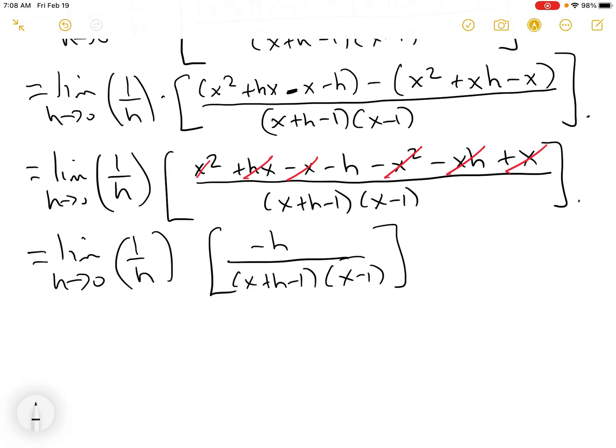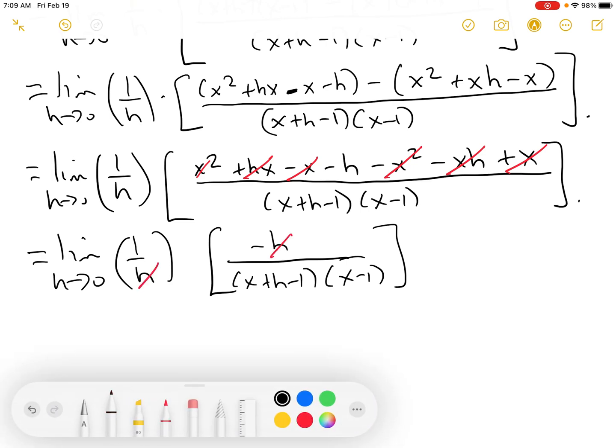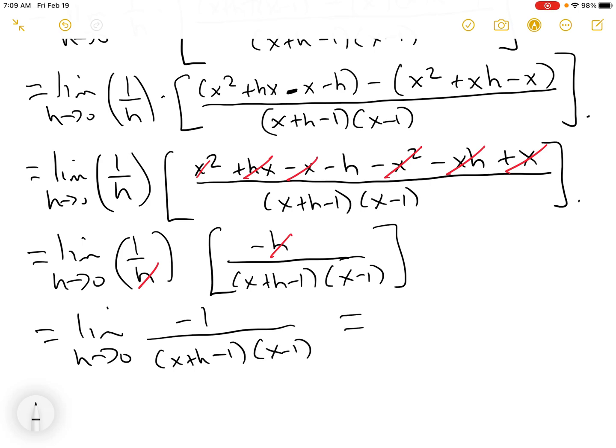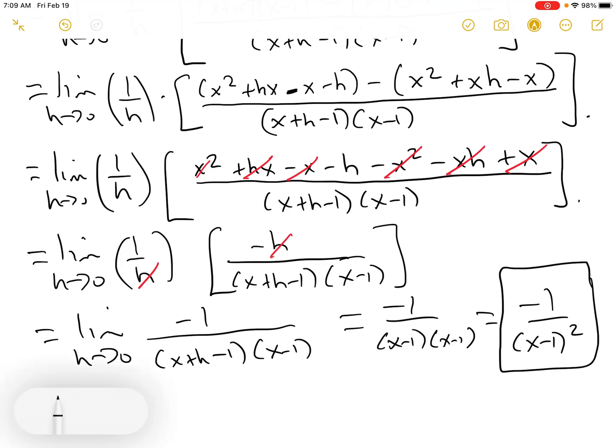And just as expected, these h's cancel. And we now have the limit as h approaches 0 of minus 1 over x plus h minus 1 times x minus 1. Now we take the limit and we get minus 1 over x minus 1 times x minus 1, which cleans up to minus 1 over x minus 1, quantity squared.